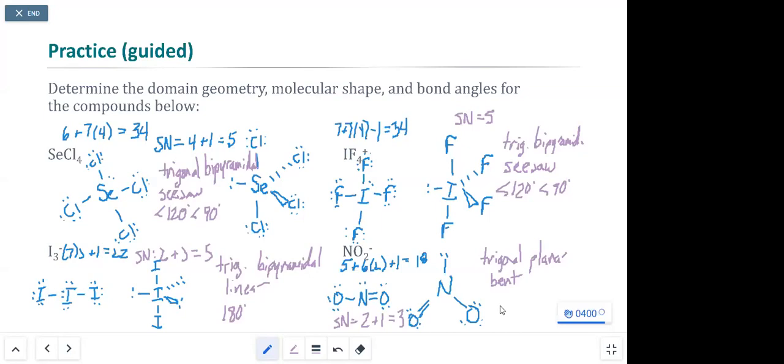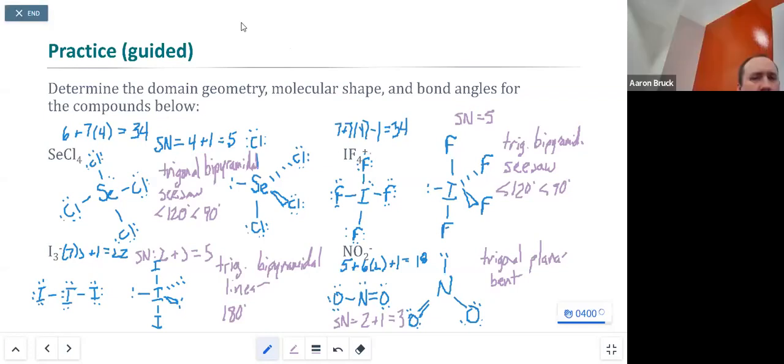And so, again, as an illustration here, here is my trigonal planar shape.